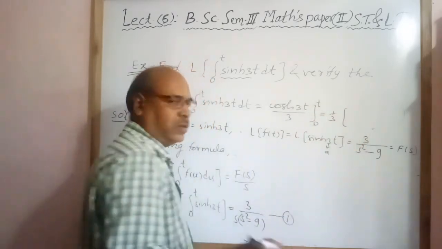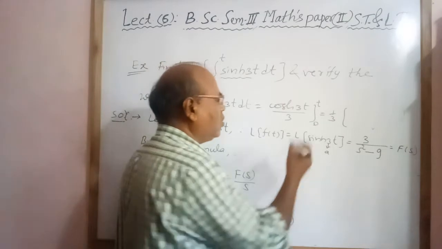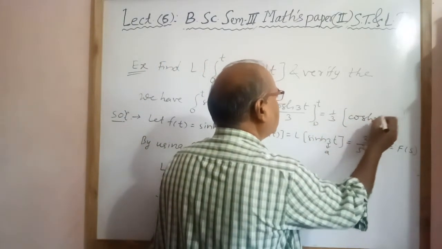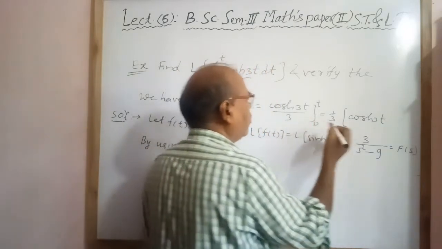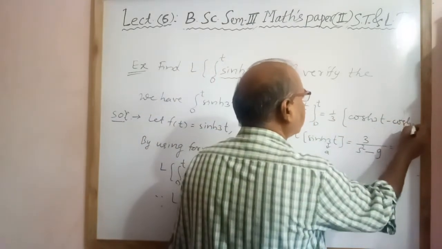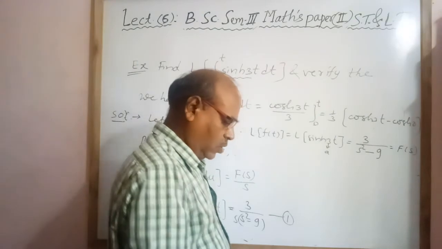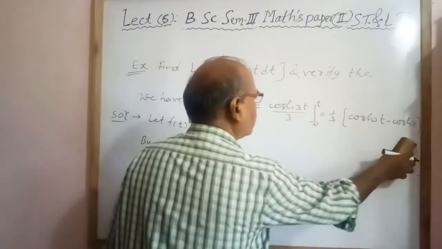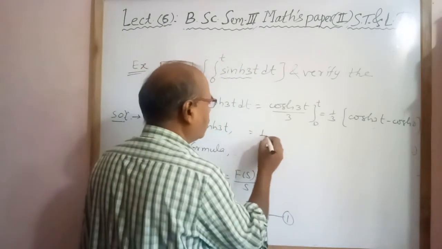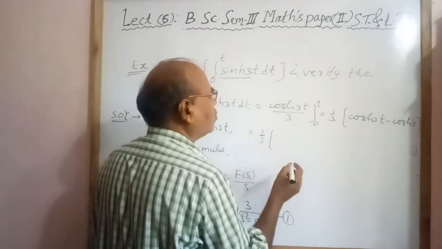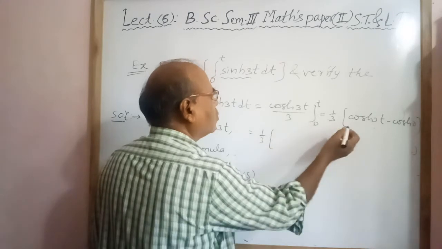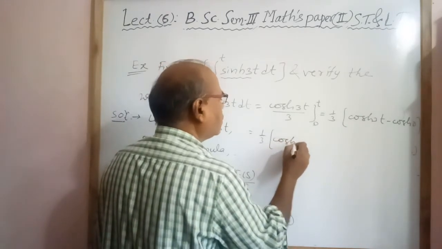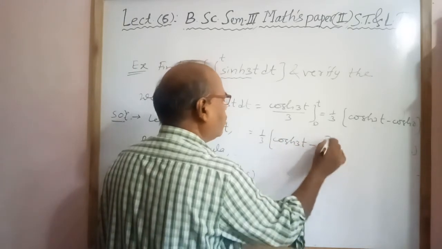Here 1 by 3 is constant, upper limit t, lower limit 0. Therefore cos h 3t at the upper limit minus cos h 0 at the lower limit. Cos h 0 is 1. Therefore we have 1 by 3 into cos h 3t minus 1.